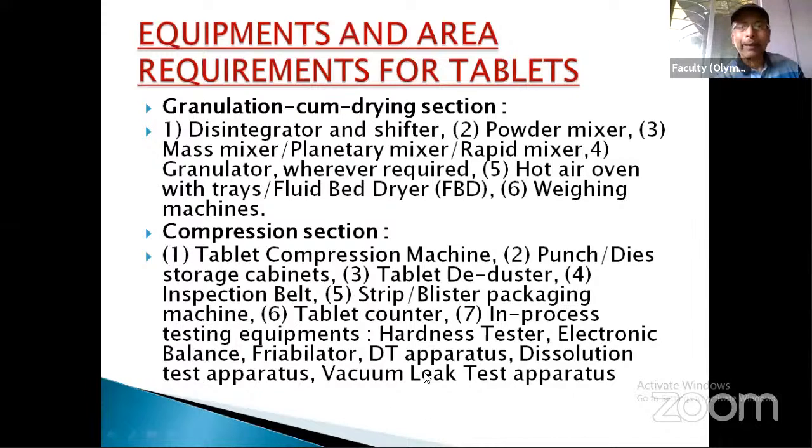And after packaging, you know that in the packaging machine, in the strip or blister, there is aluminum foil or paper foil, and with this paper foil and aluminum foil, there are some plastic substances, and that makes the strips or blisters.